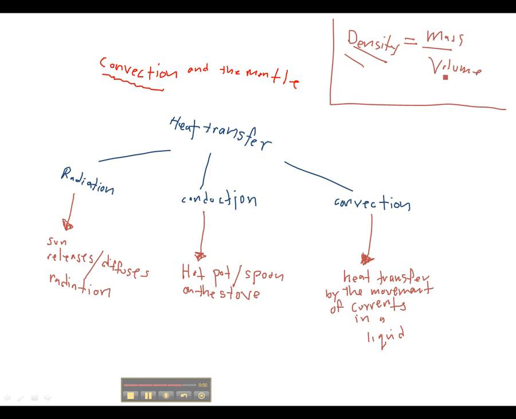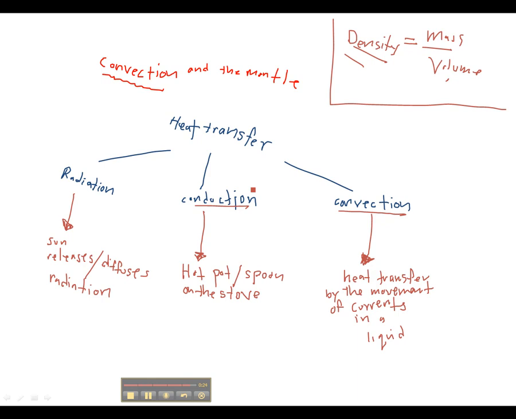If you have something with a really small volume that's very heavy, it's very dense. Something like a penny that weighed 10 pounds would be a very dense object. Metals tend to be more dense than a balloon. Density is one of the concepts that plays a huge part in convection.